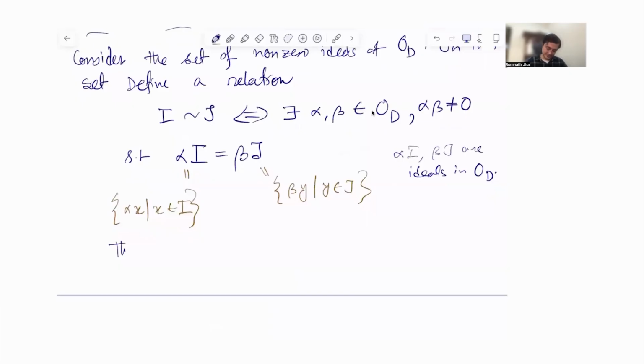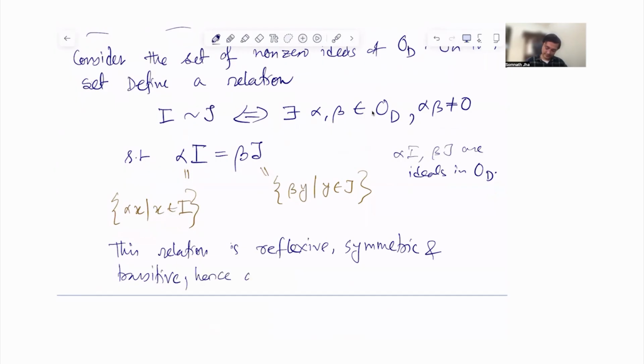So what kind of relation is this? Obviously, this relation is reflexive, symmetric, and also transitive, and hence an equivalence relation on the set of ideals. Why is it transitive?